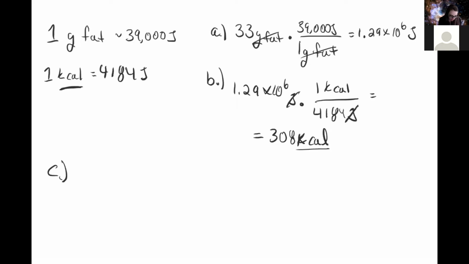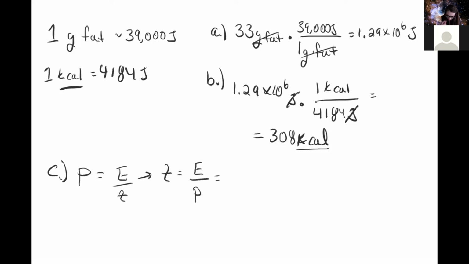Well, to think about that, we're going to start with power. Power is equal to our energy consumption over time, okay? So let's think about how long it would take us, how many hours it would take us to climb these stairs to work off this fat. If we solve this equation for time, time is equal to energy over power.